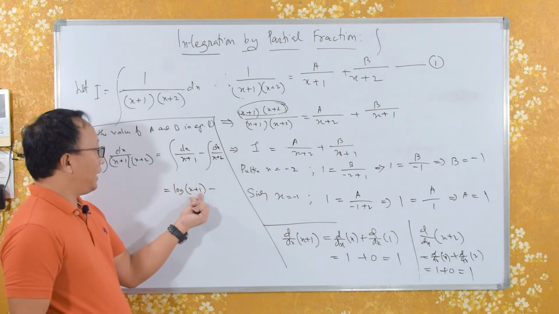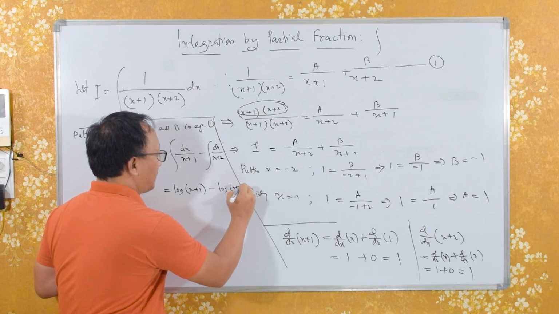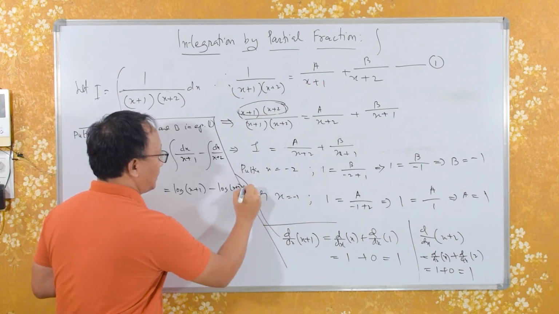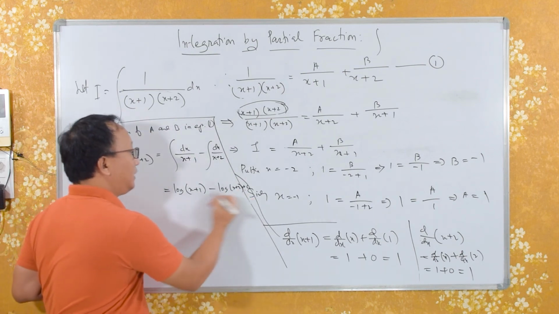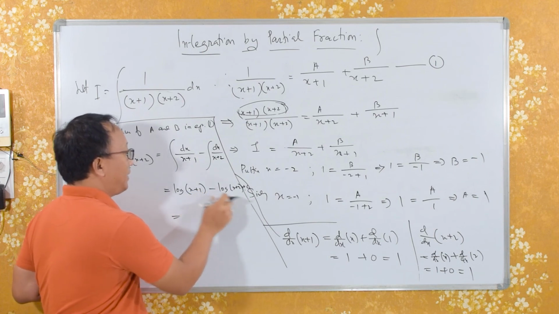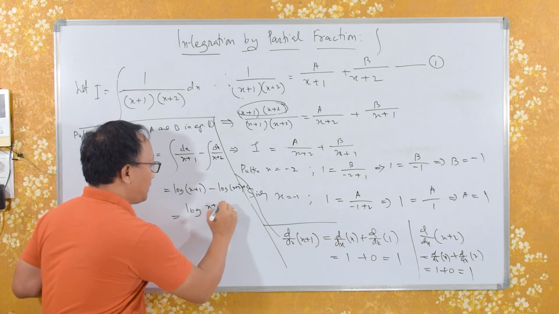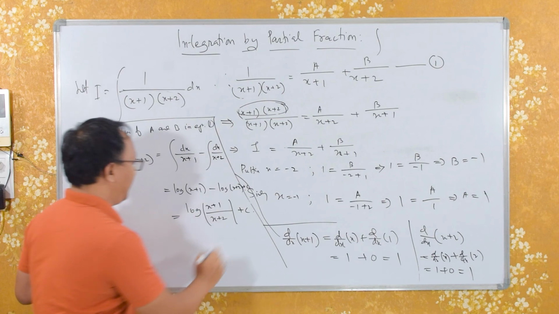Therefore, this is log of x plus 1 minus log of x plus 2 plus some constant. You can keep it as it is, or by using the logarithm formula, log m minus log n is same as log m by n. This is same as log of x plus 1 upon x plus 2 plus c.